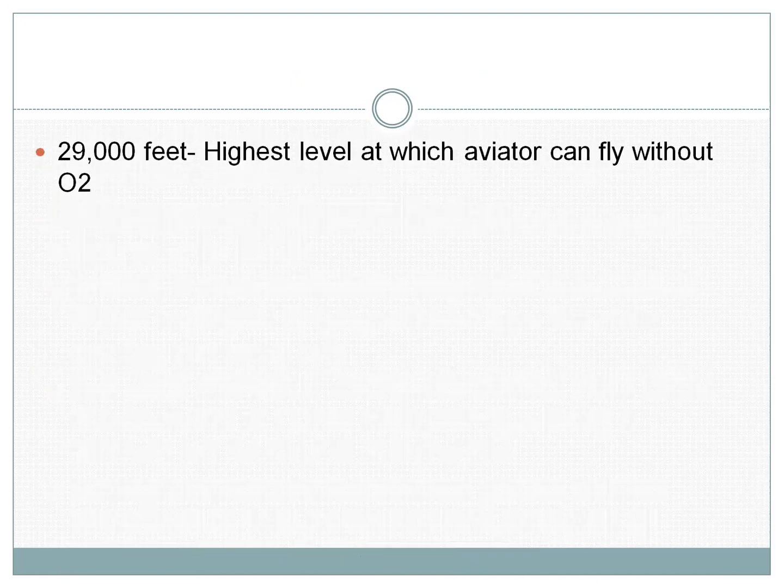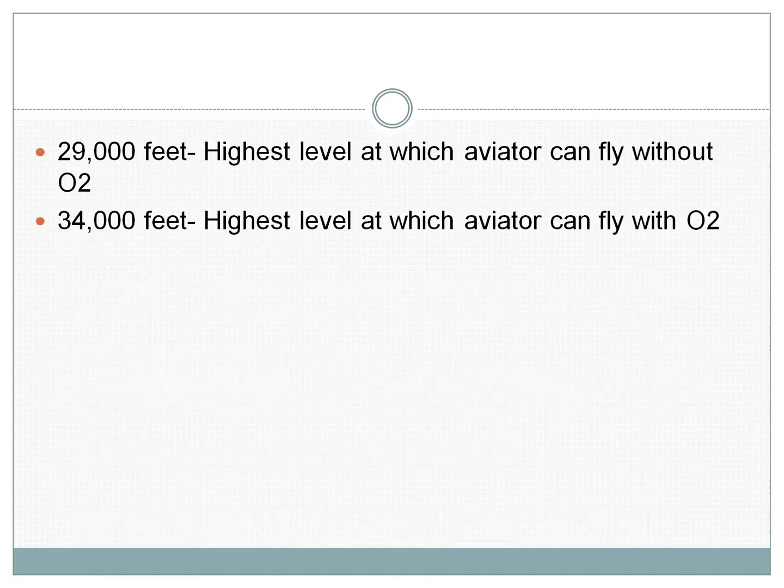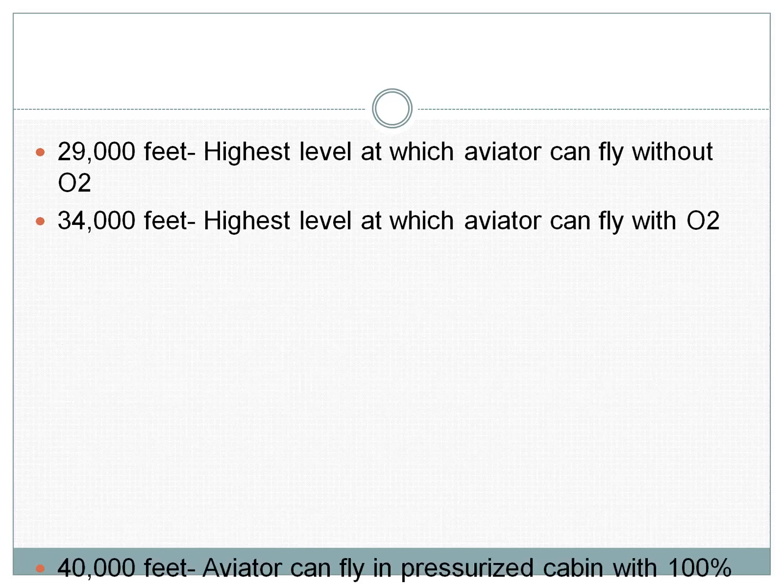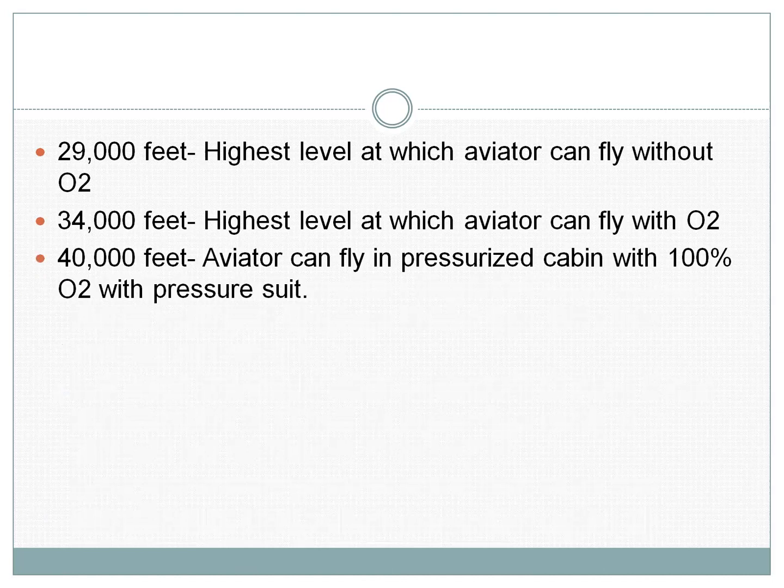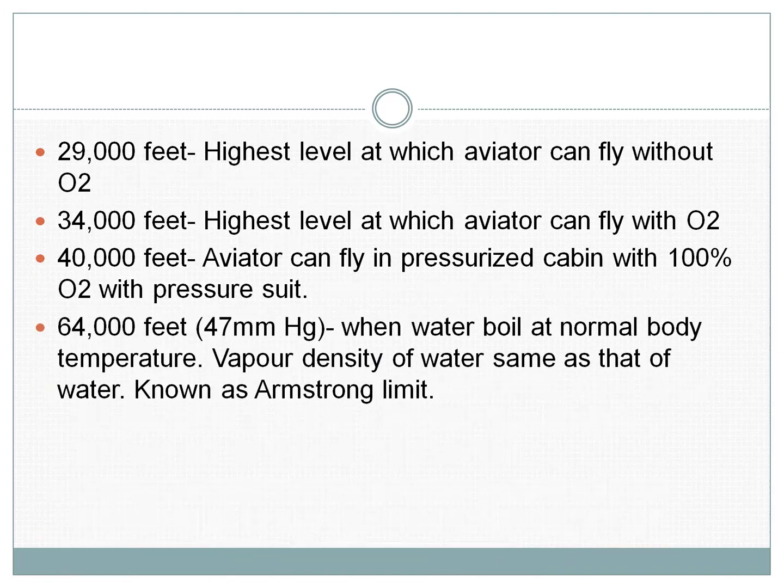Up to 29,000 feet is the highest level at which the aviator can fly without oxygen. The highest level at which the aviator can fly with oxygen is 34,000 feet. In a pressurized cabin with 100% oxygen, it is possible up to 40,000 feet.